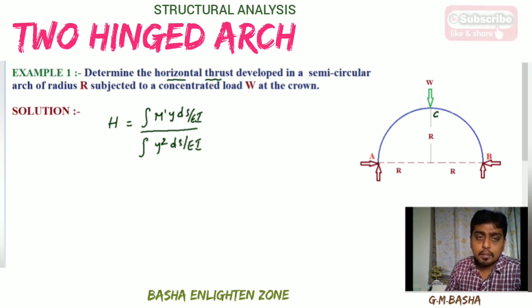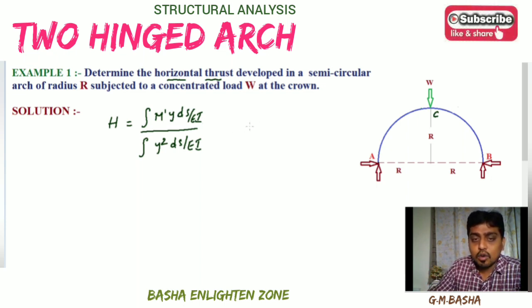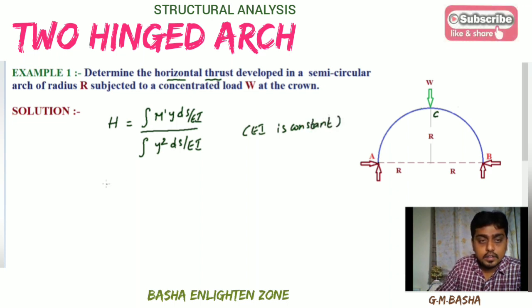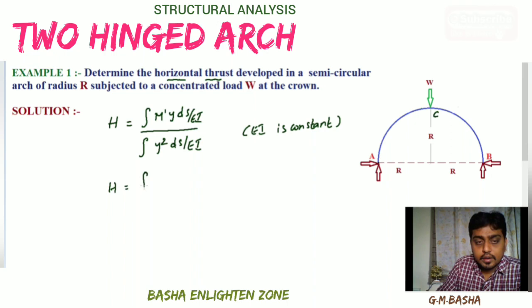Individually, I am taking first the numerator part, and then I will discuss the denominator part. Our first step: here EI is constant, therefore I am cancelling it. In the given figure A is constant, therefore H equal to integral of M dash y ds by integral of y square ds.